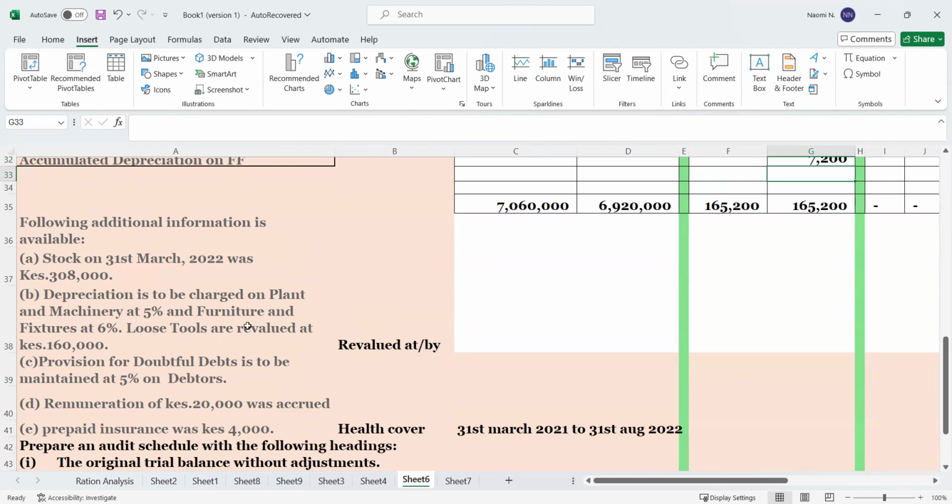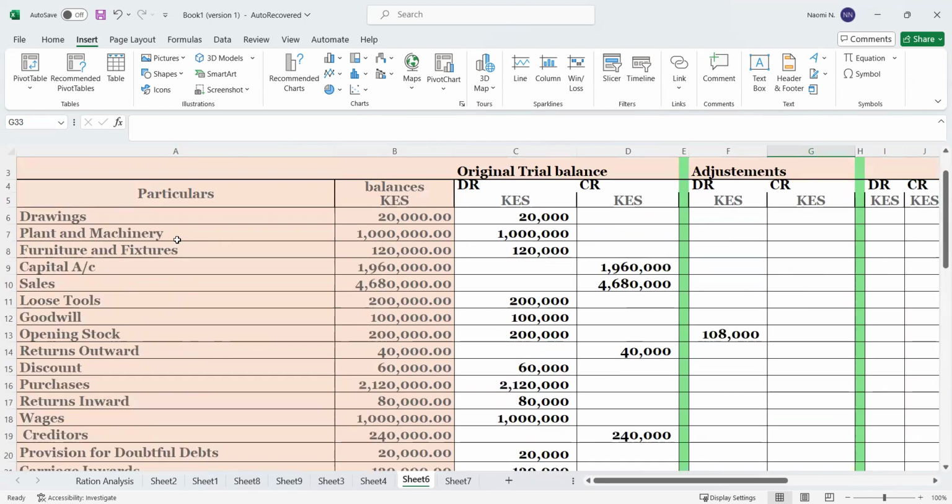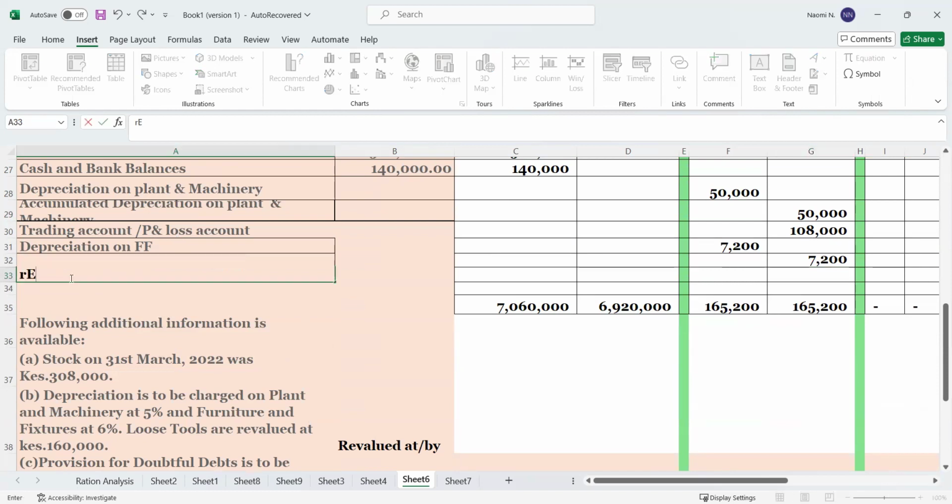Then we have loose tools revalued at the final figure. I'm pretty sure we do not have a revaluation account, so we will create one and call it revaluation.